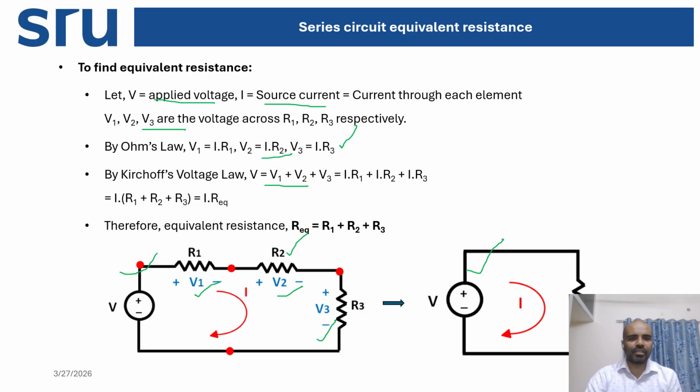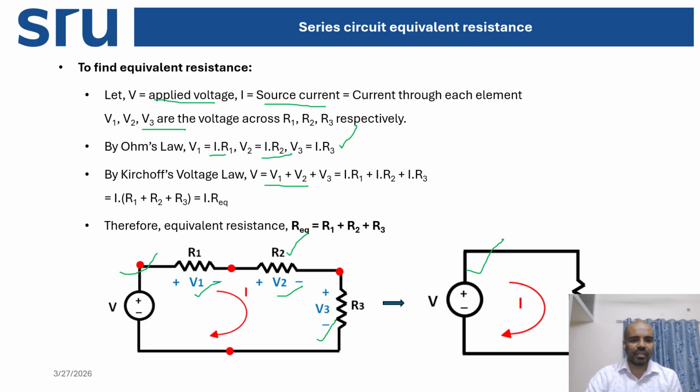V1 is equal to I R1 as per Ohm's law, because the same amount of current, that is I, is flowing through R1, R2 and R3. So it is equal to I R1 plus I R2 plus I R3.